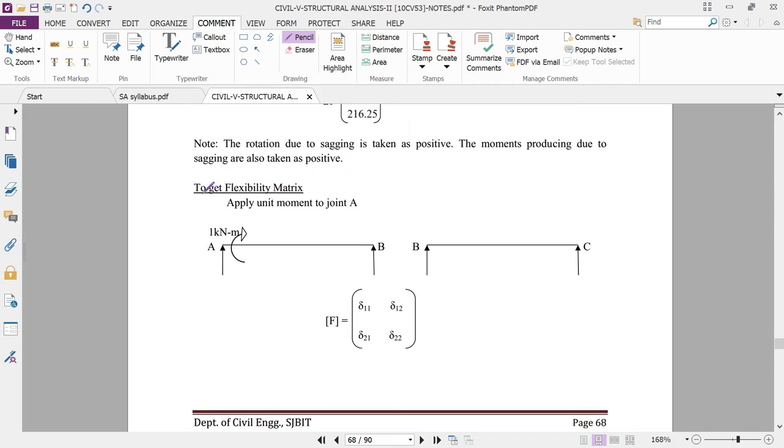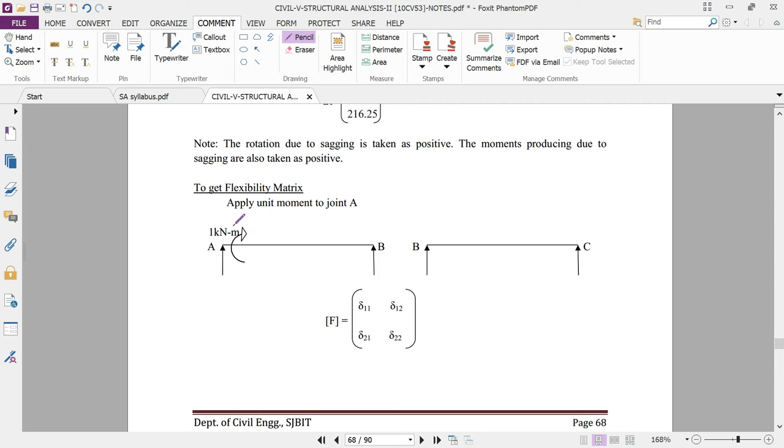Now to get the flexibility matrix, apply the unit moment at joint A. Why are we applying 1 kilonewton meter as a moment here? Because we have two unknowns at A and at B, and both are in the form of moment. So we have to replace each unknown by a redundant, and this redundant is in the form of a unit load or moment.